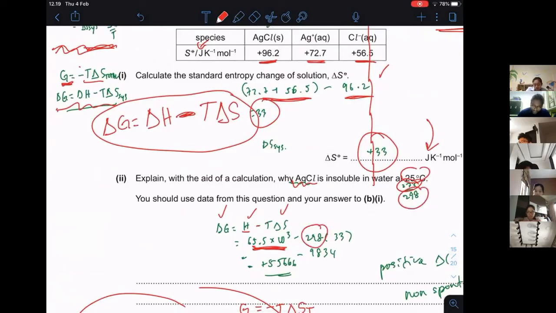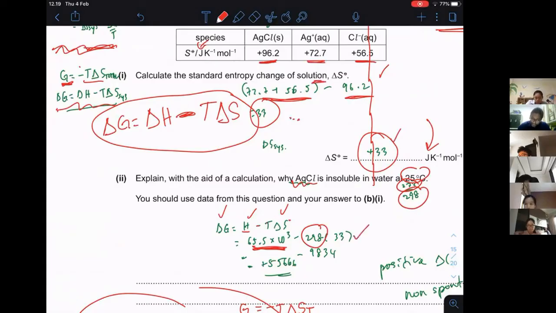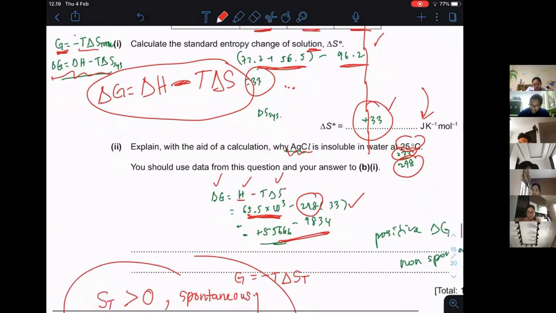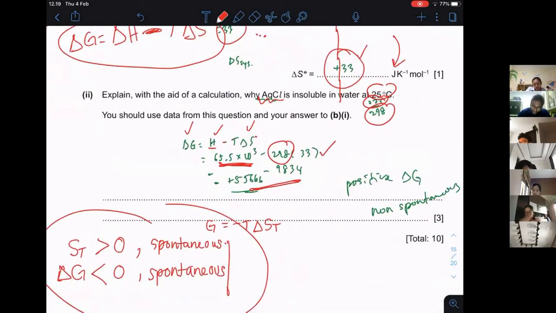And then the entropy of the system is going to be 33, or the entropy of the solution here. So I put over there, then I calculate, and I think this one is the answer. So this one plus 55,666.